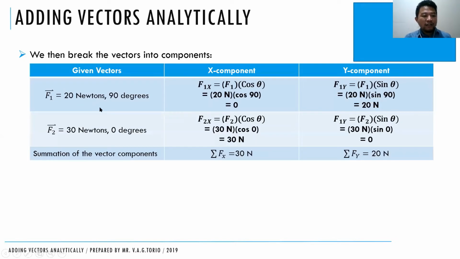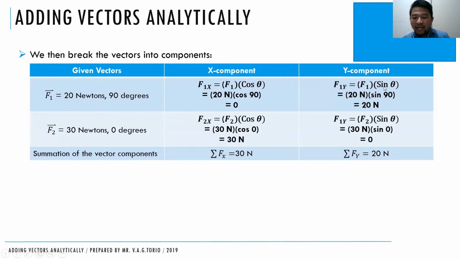For our given vector F sub 1, we compute for the components F sub 1x and F sub 1y. For F sub 1x, again, our equation for the x component is we multiply the magnitude of the given vector by the cosine of the angle, and the angle is 90 degrees. So cosine 90 times 20 newtons is 0.